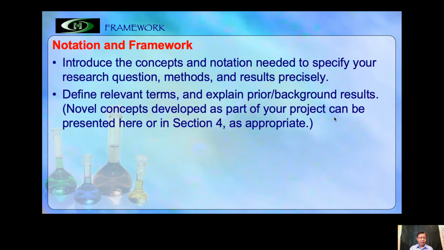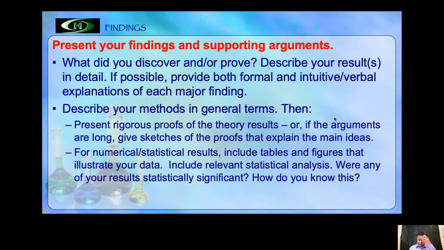Now, once you've framed your research, then you do your research, and then you implement it, and then you get your results. Now, in a math or a computer science project, your results are really not called results; they're called findings.